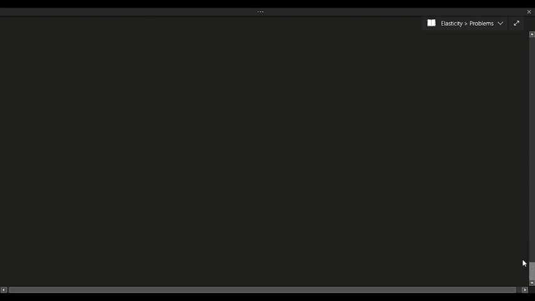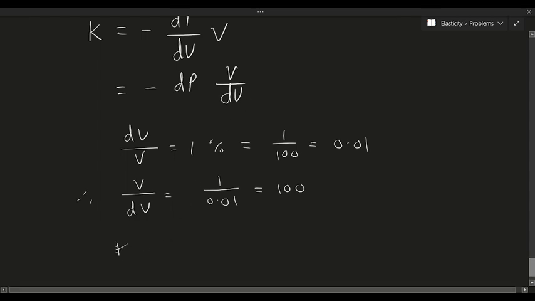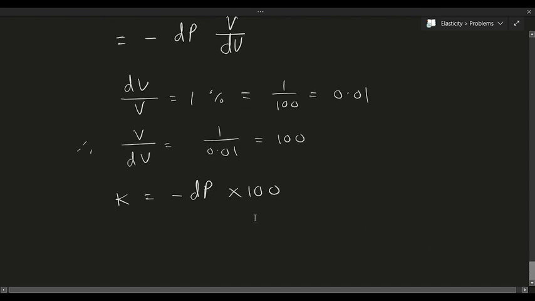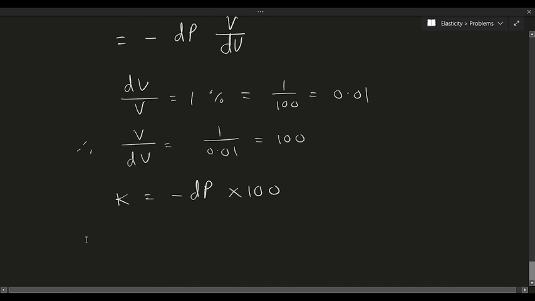We substitute V upon dV as 100 here and we get K equal to minus dP into 100. So bulk modulus is given as 2 into 10 raised to 10.